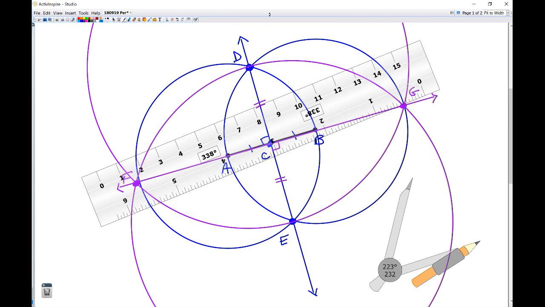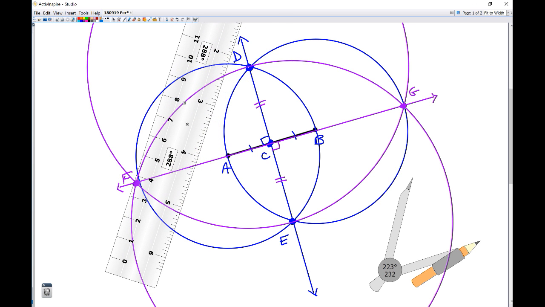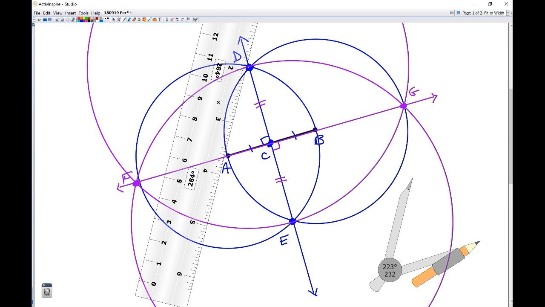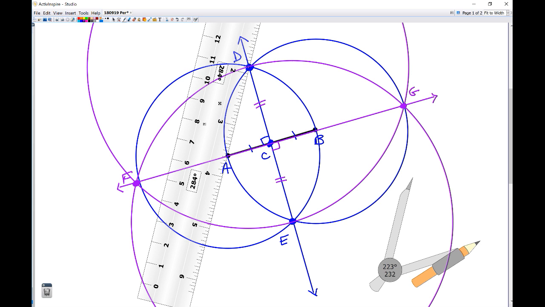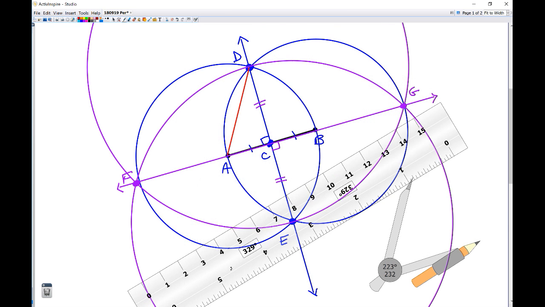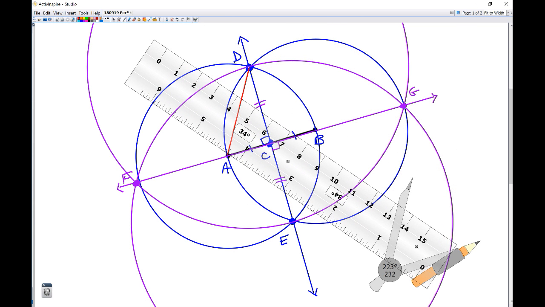I want you to connect a straight line from A to D and from A to E. So we want a line connecting A and D, and then another line connecting A and E, because that's the other one that we were checking out.